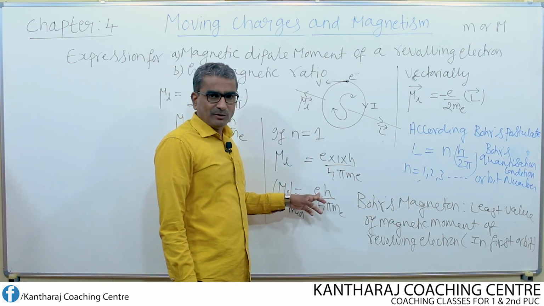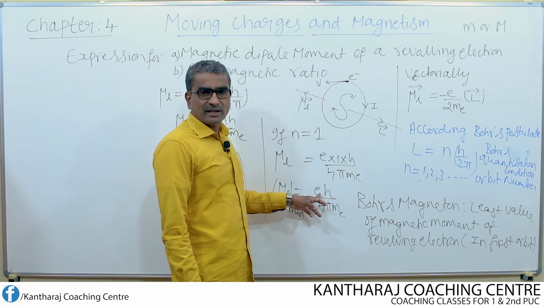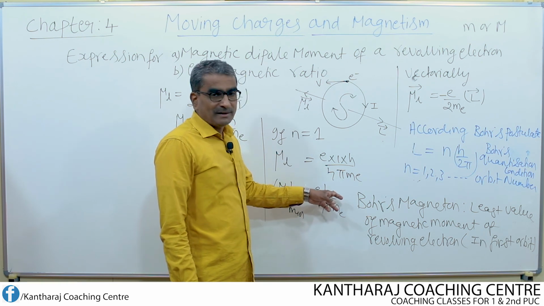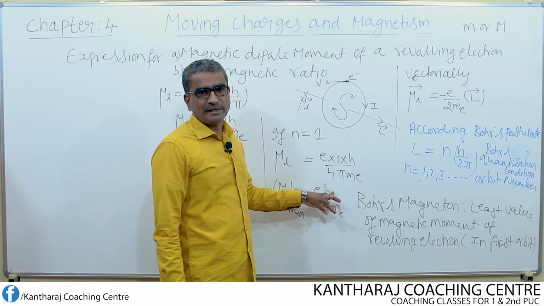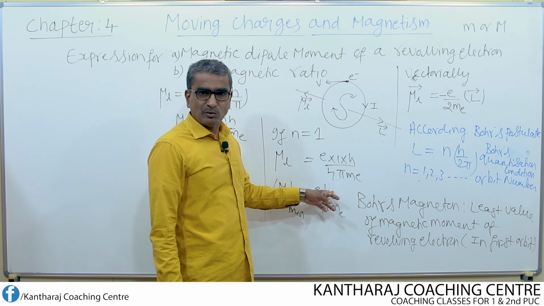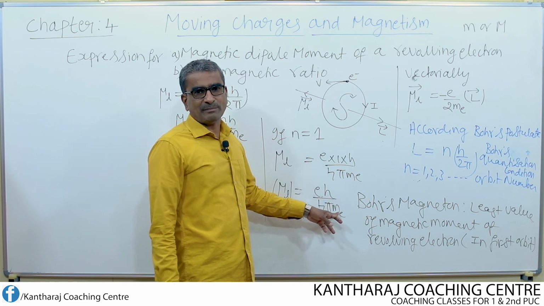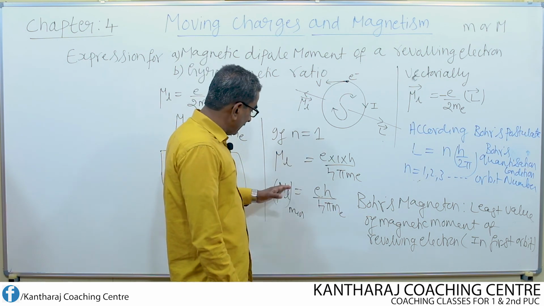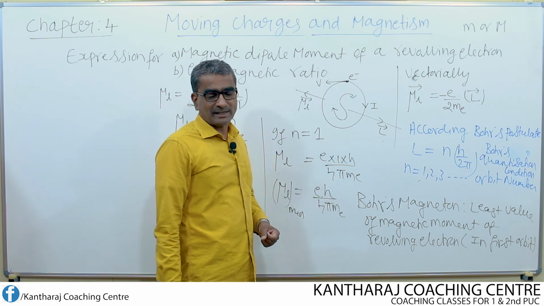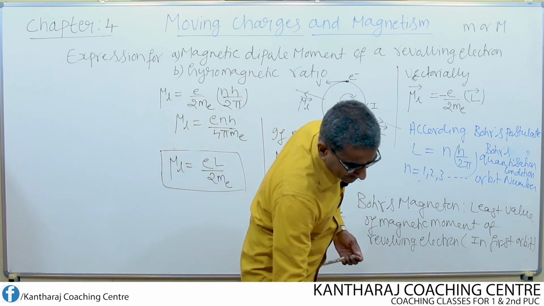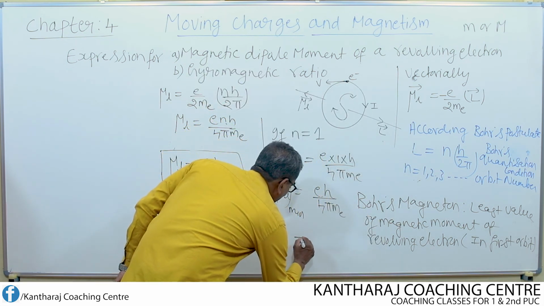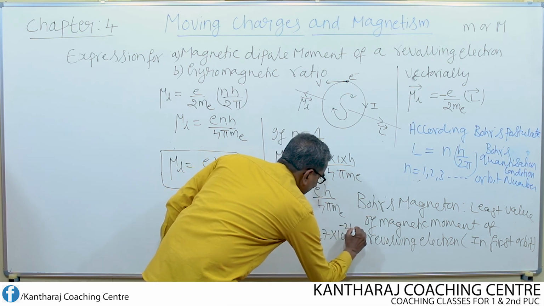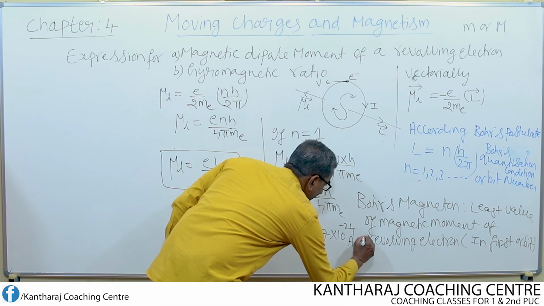Now if I substitute the value for the charge of the electron, 1.6 into 10 to the power of minus 19 coulomb, Planck's constant h, 6.625 into 10 to the power of minus 34 joule second, and the mass of the electron, 9.1 into 10 to the power of minus 31 kg, then we get the value of Bohr's magneton, which is found to be 9.27 into 10 to the power of minus 24 ampere meter square.